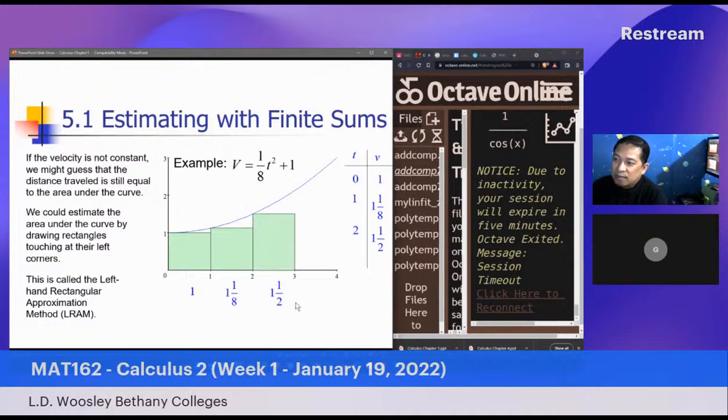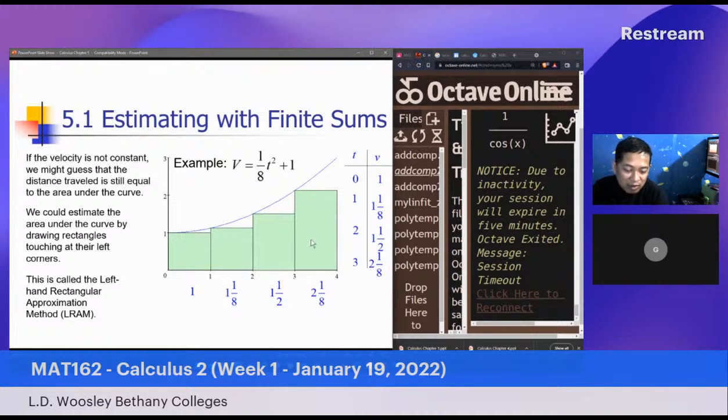So yan, time, another slice, no? Nagbabago siya with respect to time, and this is not constant. So we could just approximate the rectangle or the trapezoid. Kasi kaya siya naging trapezoid pag sinama mo yung triangle doon. Di ba? So trapezoid na siya eh. Yung rectangular is just an approximation.